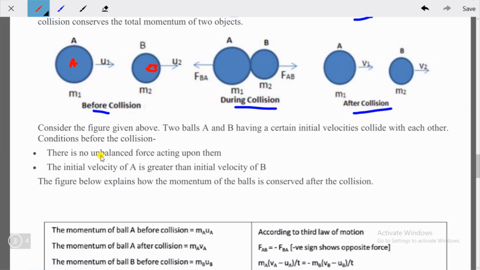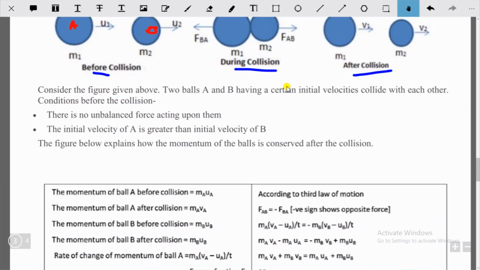There is no unbalanced force acting upon them, so you are not applying any external force on them. The second point is the initial velocity of A is greater than the initial velocity of B. Since we need the collision, the velocity of A should be greater than the velocity of B, otherwise it will not collide. So let's see what we get from this consideration.